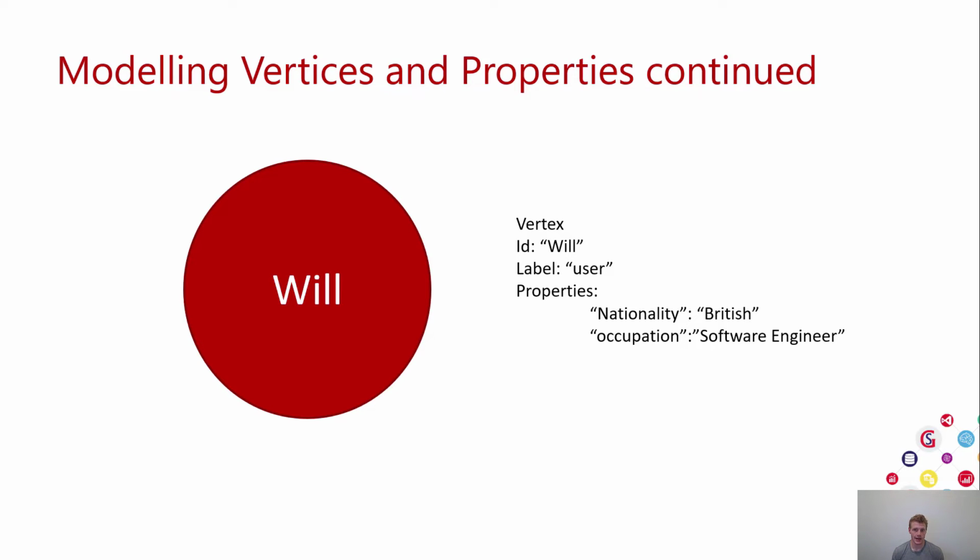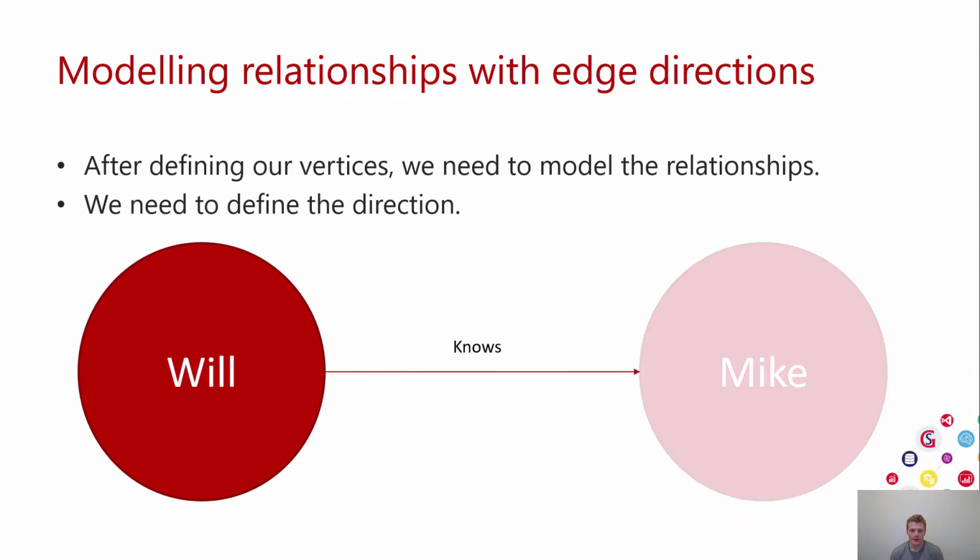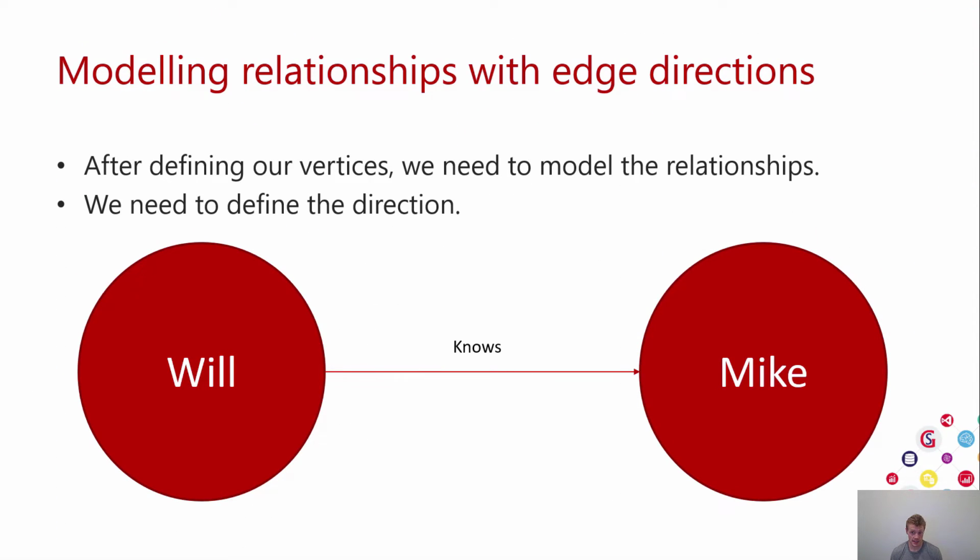Let's talk about modeling our relationships with edge directions next. After we've modeled our vertices, the edges can be added to note the relationships between our different vertices. Now remember, when we define our relationship, we're essentially connecting two nodes, and it allows us to find related nodes of data. Within any relationship, we'll have a source node and a target node, which shows the direction of that data.